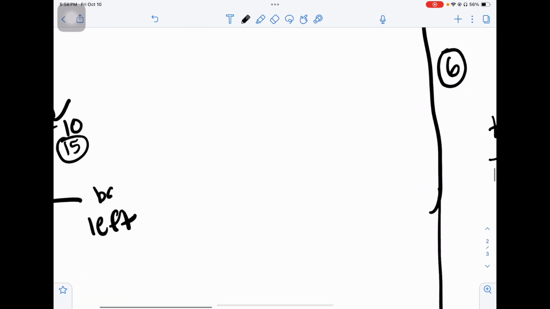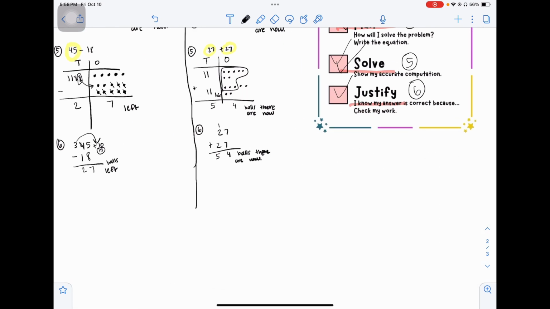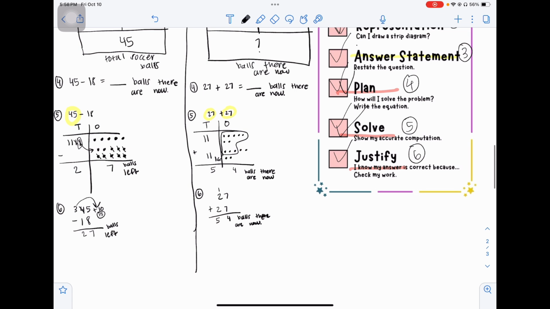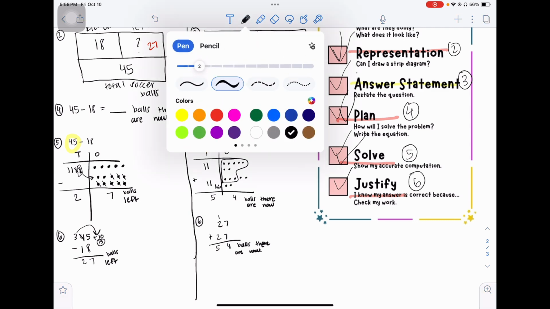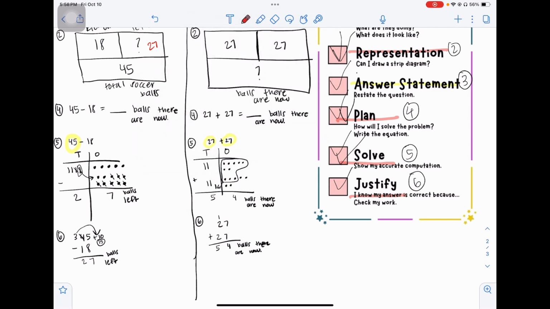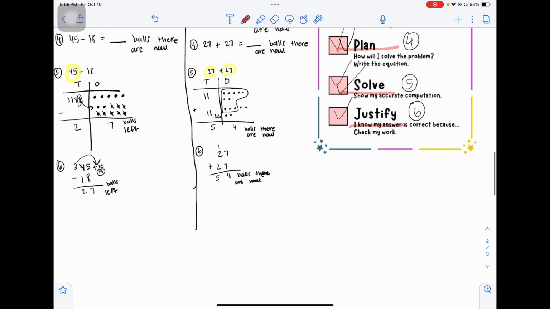So important to put labels so you know what you're solving for. So 54 balls there are now. So then I'm going to put that number right there. And then that's my answer.